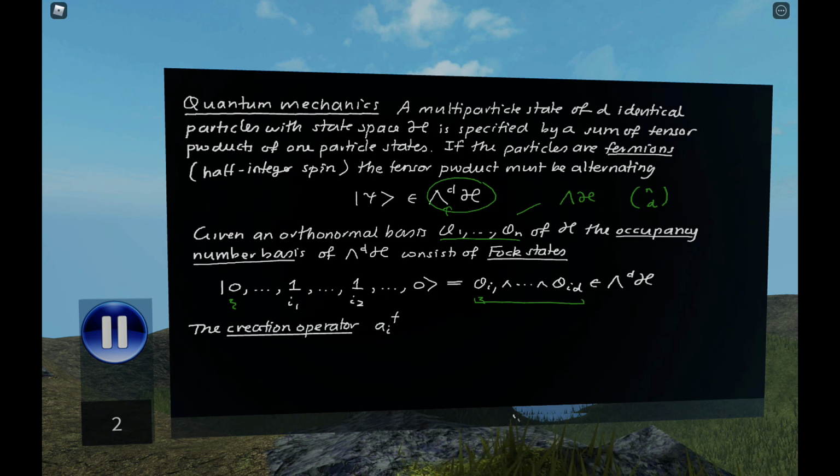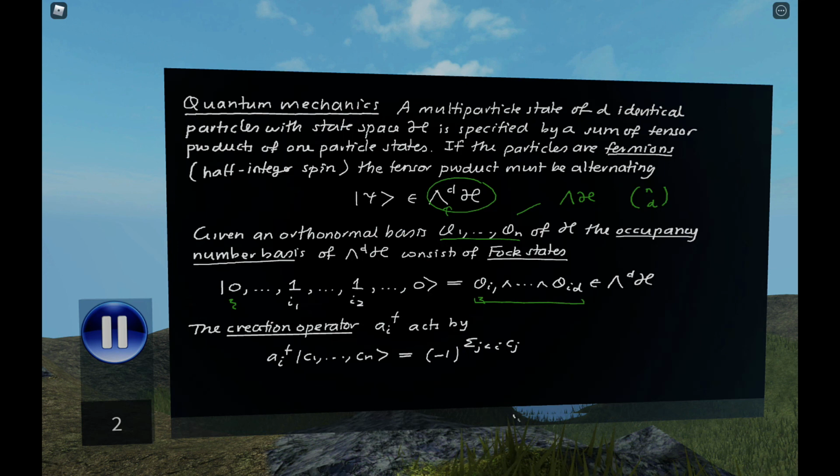And the way it acts in the occupancy number basis is, well, given CI's, which are either 0 or 1, it just adds 1 to the value of CI with some sign and some coefficient.